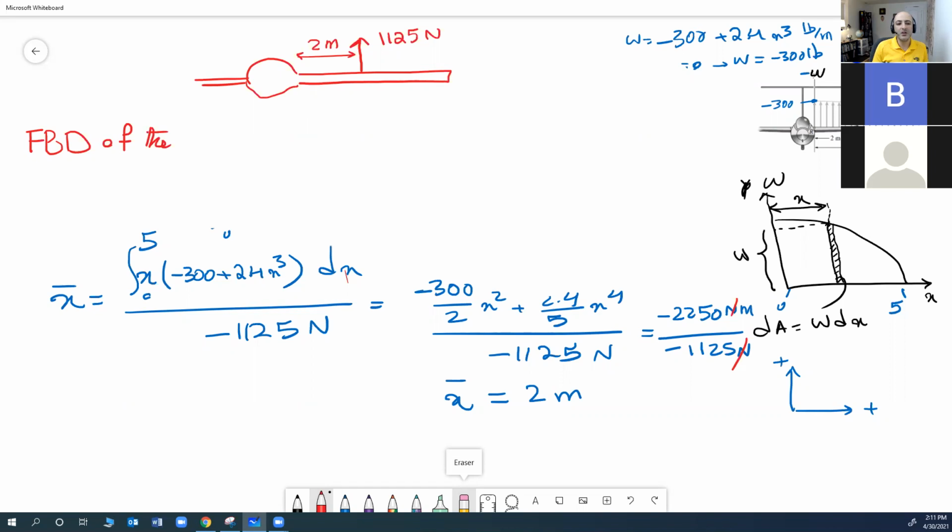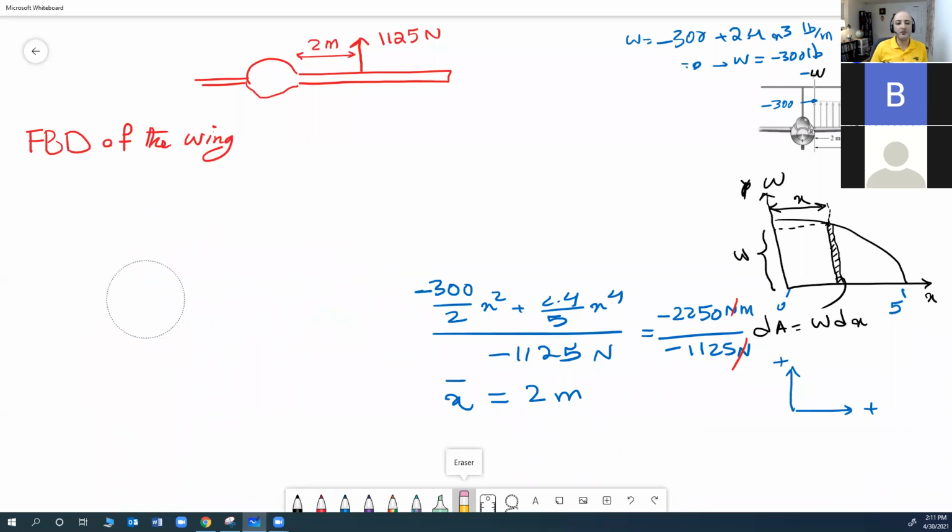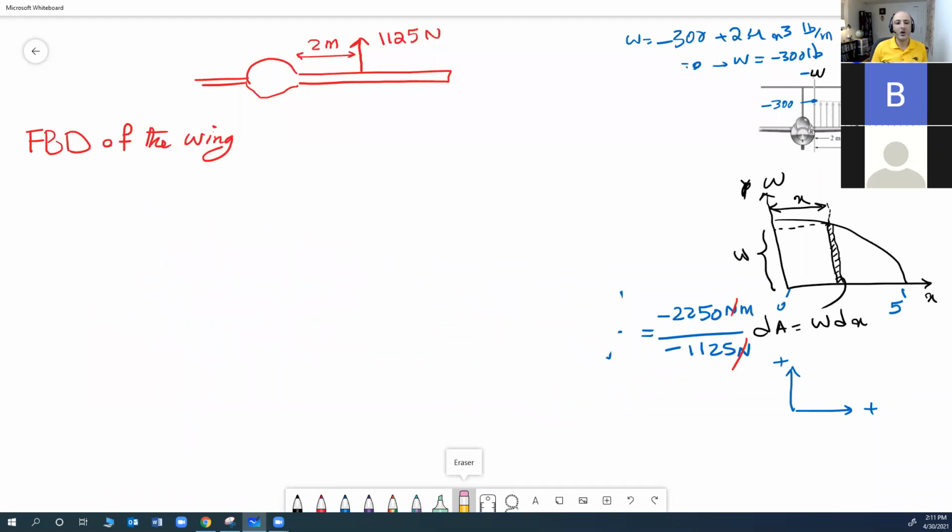So please, something to remember for your exam, when you're drawing free body diagram, write it and figure out what is it that you're drawing free body diagram of. I'm drawing of the wing, so I'm going to isolate an outline of the wing. There.